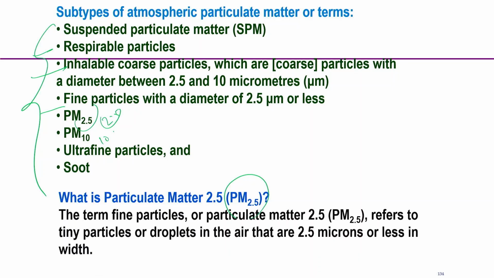The term refers to fine particles, the particulate matter of 2.5 micron, which means tiny small particles or droplets in the air that are 2.5 micron or less in width. So, very small particles of the size 2.5 micron or less are called PM 2.5.